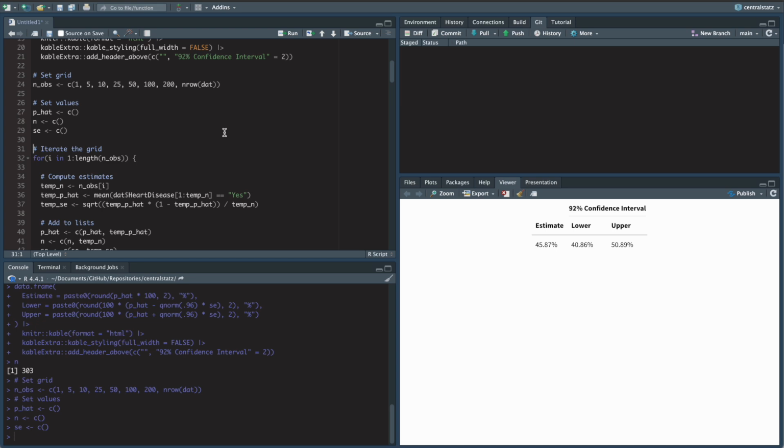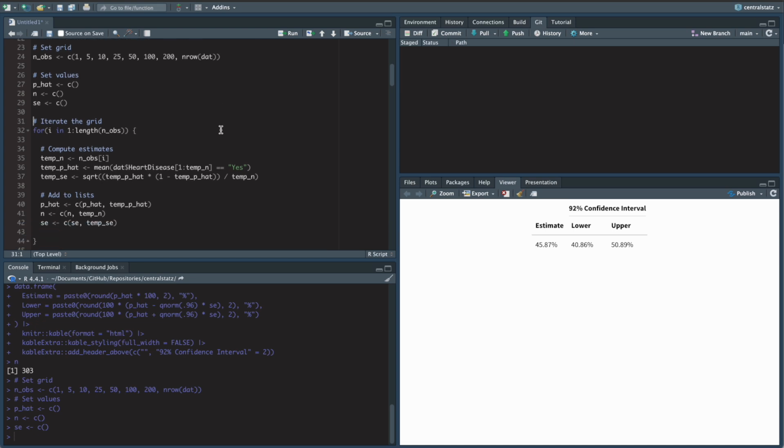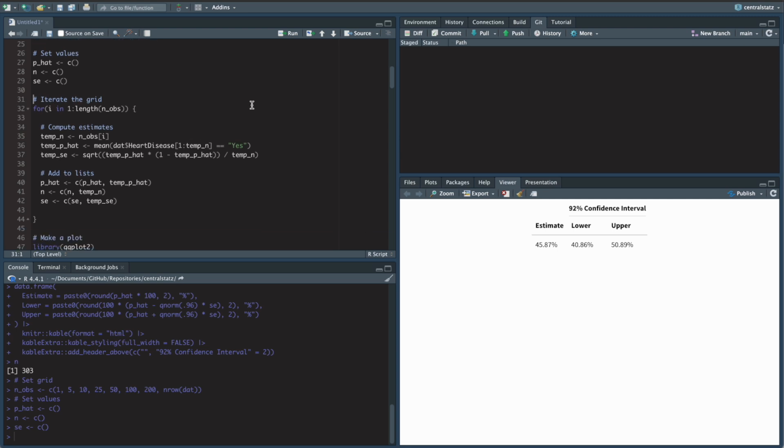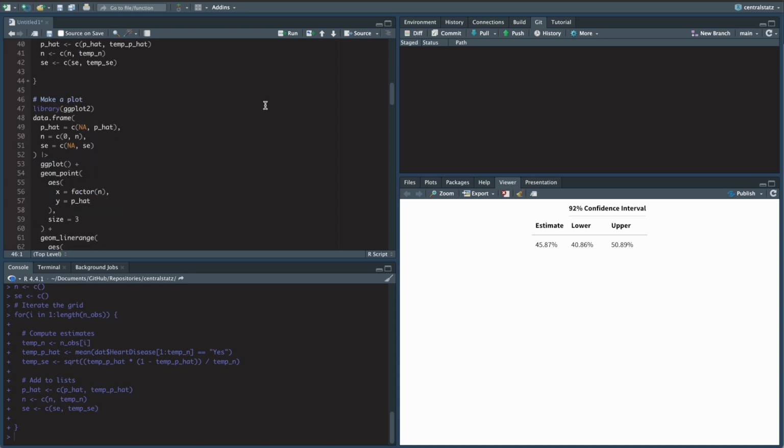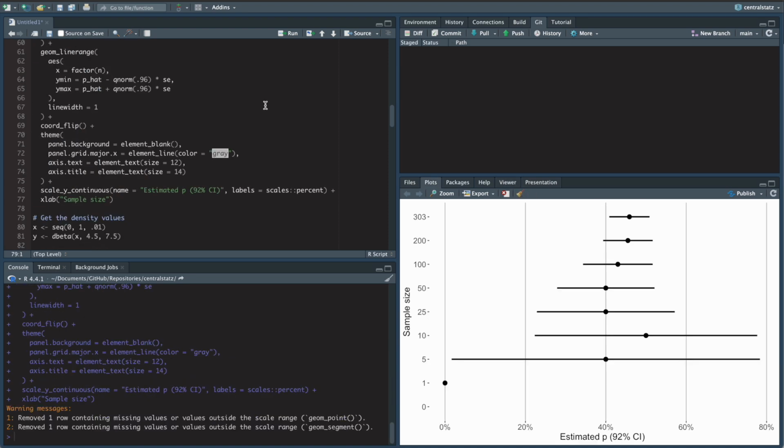What do our model estimates look like as one sample comes in, 5 samples come in, 10, 25, 50, all the way up to the full data set, just to later see how this conceptually compares with the Bayesian paradigm as we update our model. We're just iterating through and applying our formulas, and then constructing a plot. So now we're looking at these 92% confidence intervals for all these different sample sizes using the frequentist method.